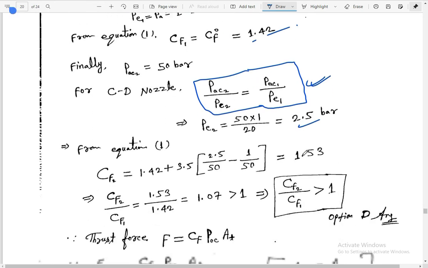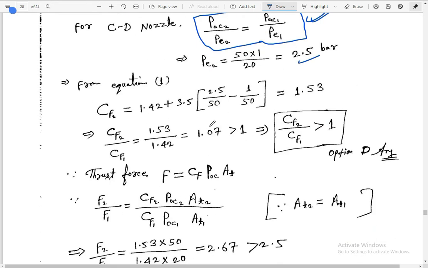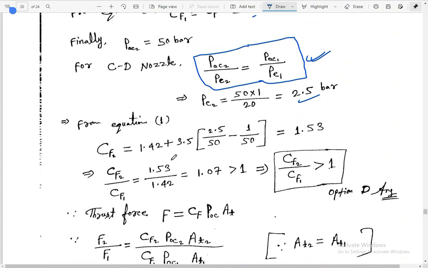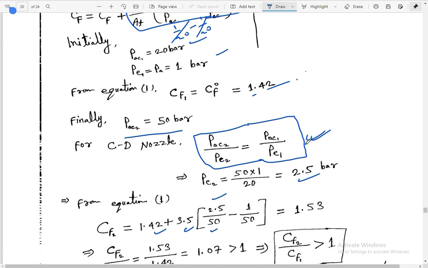We just put all values here: CF2, Ae by At, PE2 value, and 50 is PAC2. Again PE1 is given.